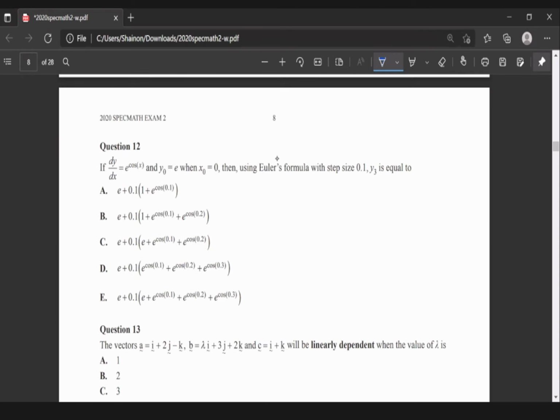So question 12. dy, the step size is going to be 0.1. The initial is E, so E plus step size H, the formula is H times F dash X, so dy dx.